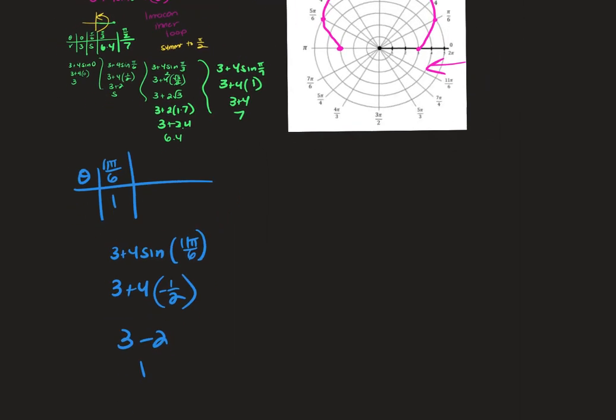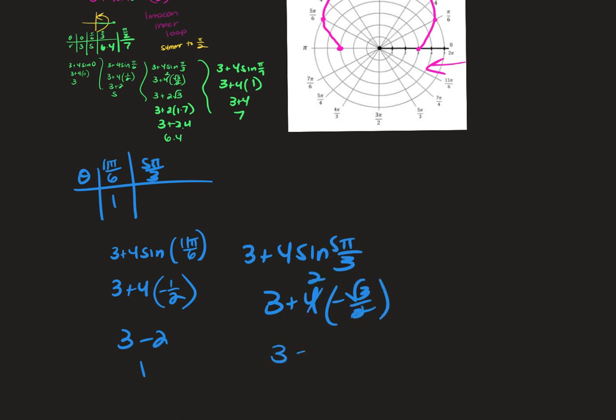And then I could jump to 7 pi over 4, or I could jump to 5 pi over 3. Really, you're picking whatever makes the most sense. 4 sine 5 pi over 3. The sine at 5 pi over 3 is negative root 3 over 2. This is 3 minus 2 root 3, 3 minus 2 times 1.7.